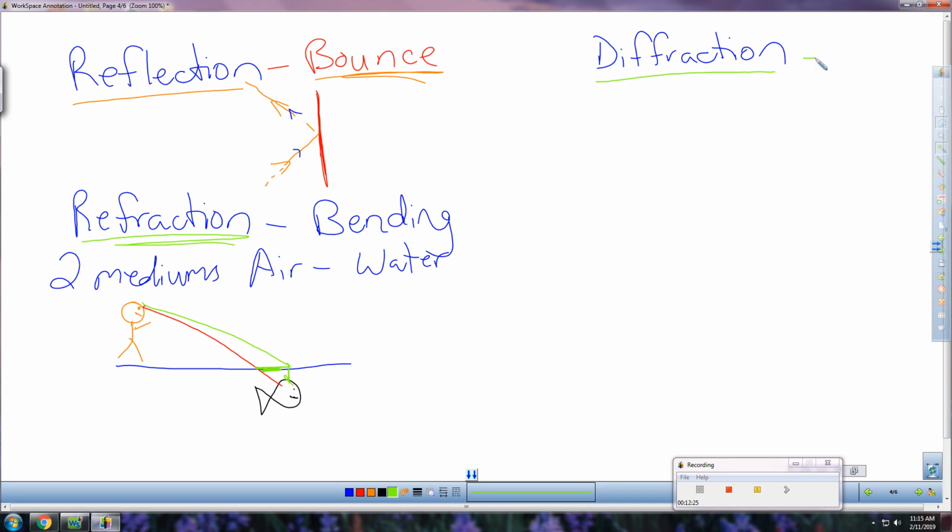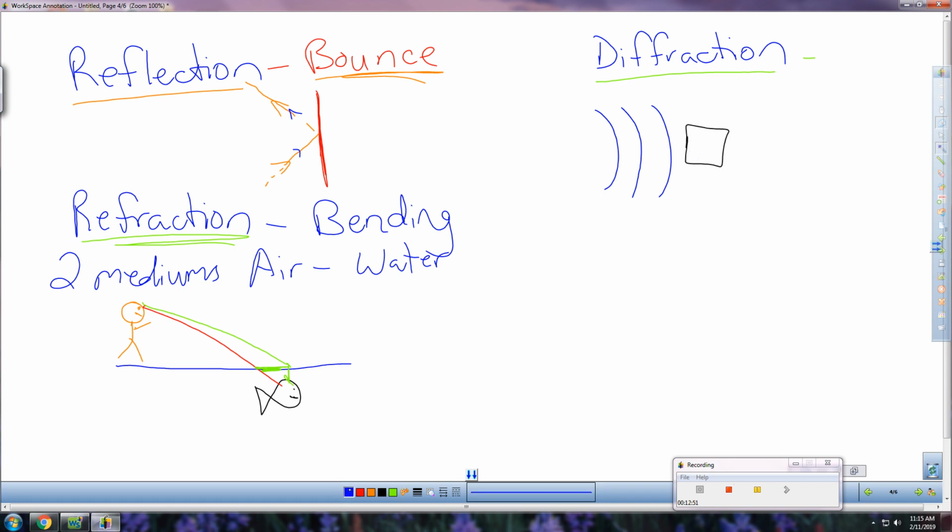Diffraction is kind of like refraction. It is the bending, but it's bending around obstacles. This happens a lot in waves, especially if you've been to the beach. You have these lovely water waves coming in, and let's say we have a pier or some sort of block.